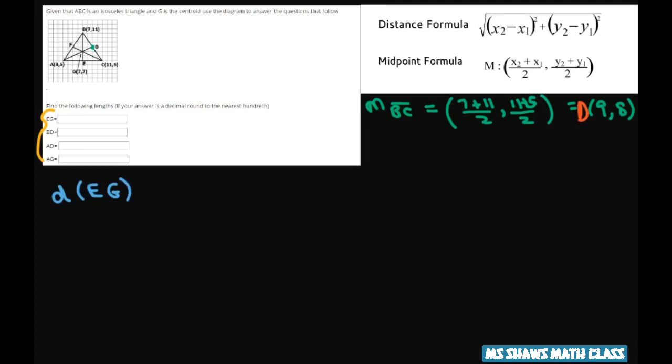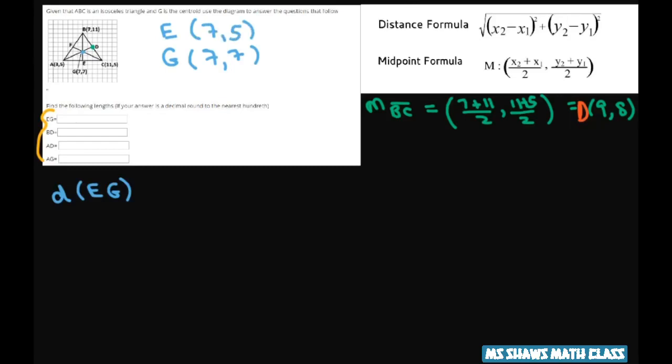All right, E is right here. So E is 7,7, and G, we already did that one, and G was, what was G? Oh, E, sorry. G is 7,7, and E was 7,5.